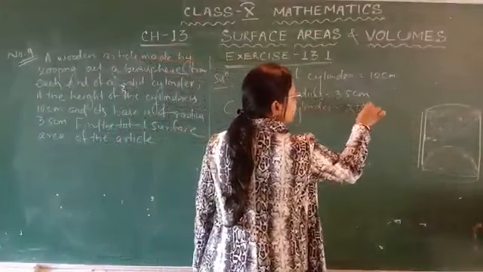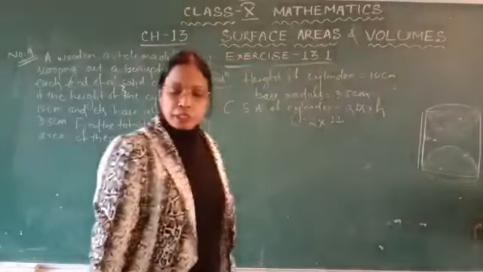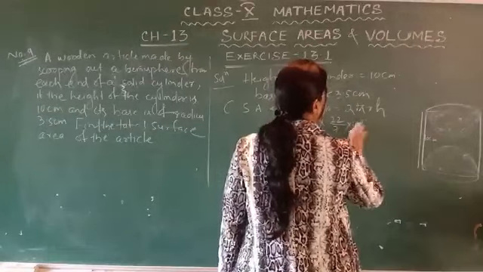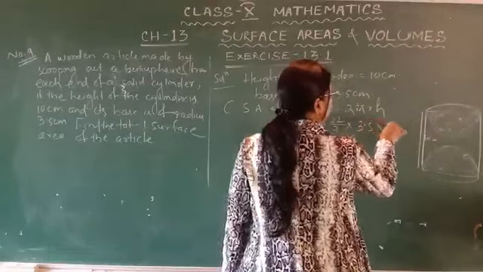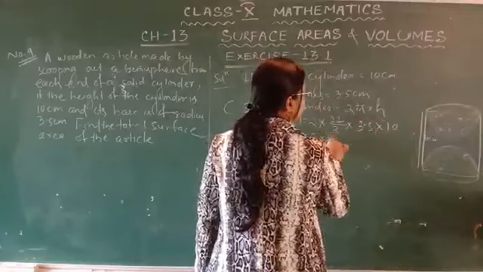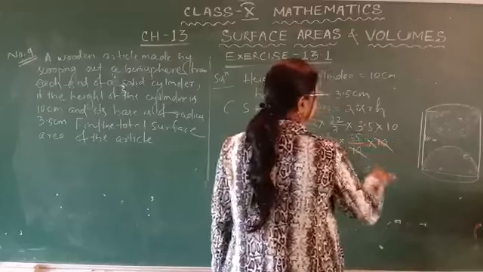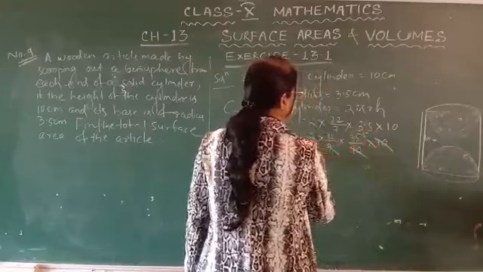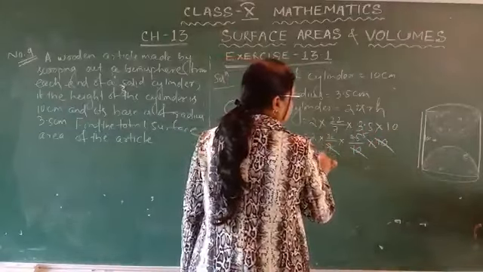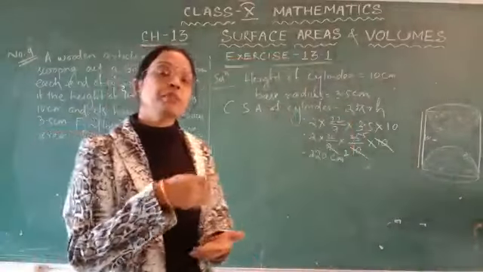That is equal to 2 pi RH. That is 2 into pi, here it is given 22/7, into R is 3.5, into H is 10. So here you see 2 into 22/7, 35/10 into 10. 10 cancel, 7, 5. So that means 5 into 2, 10 into 22, that is 220 centimeters square. This is the curved surface area of the cylinder.